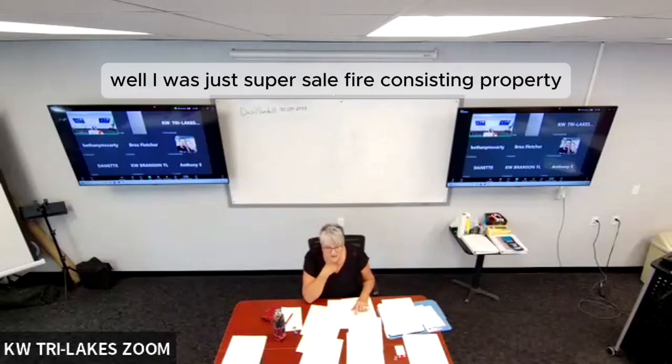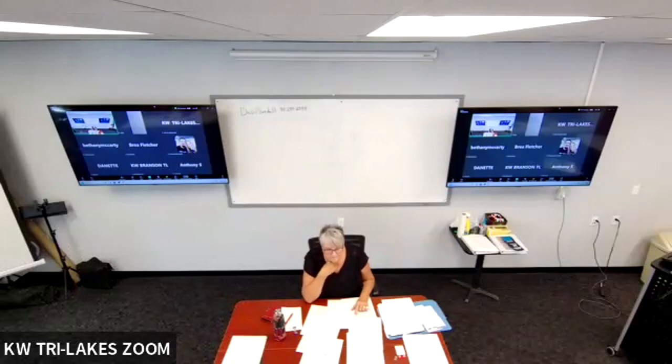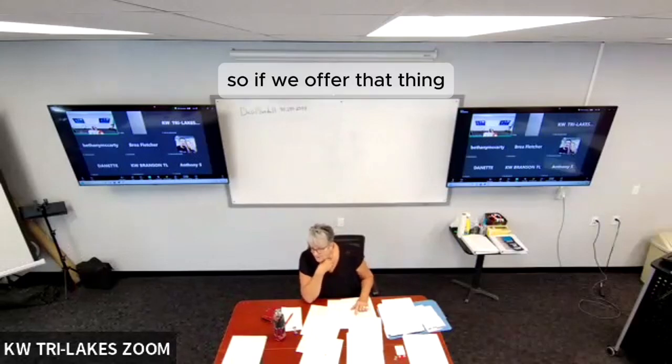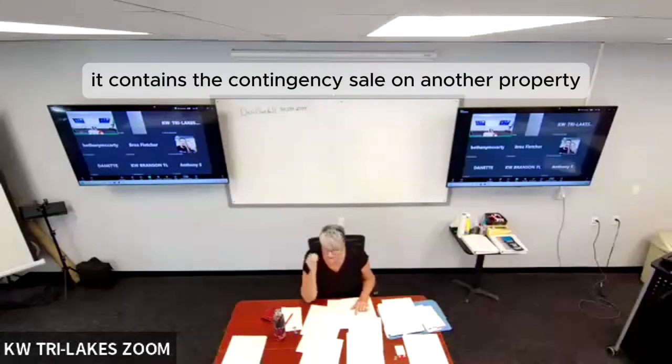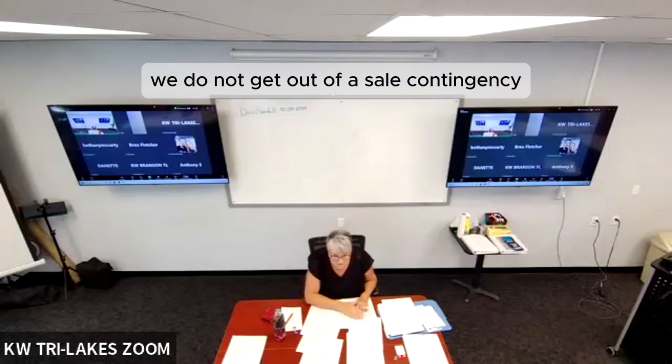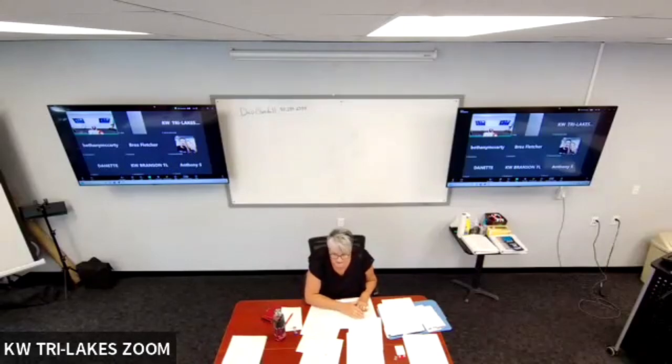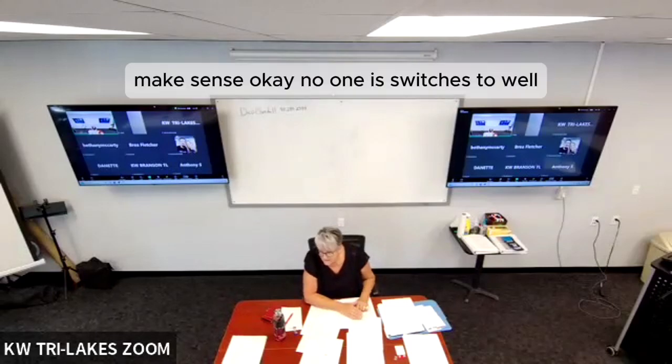Contingency for sale of buyer's existing property. So, if the offer that they get contains the contingency sale of another property, we do not kick out of a sale contingency. We are not pending. Make sense?